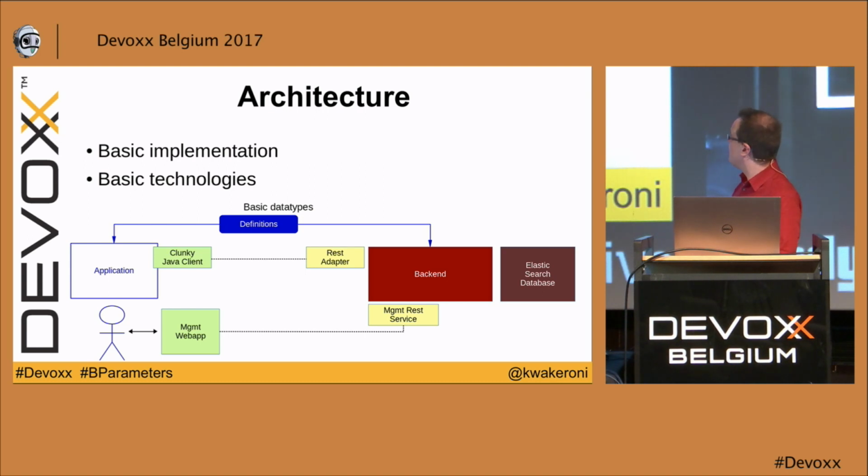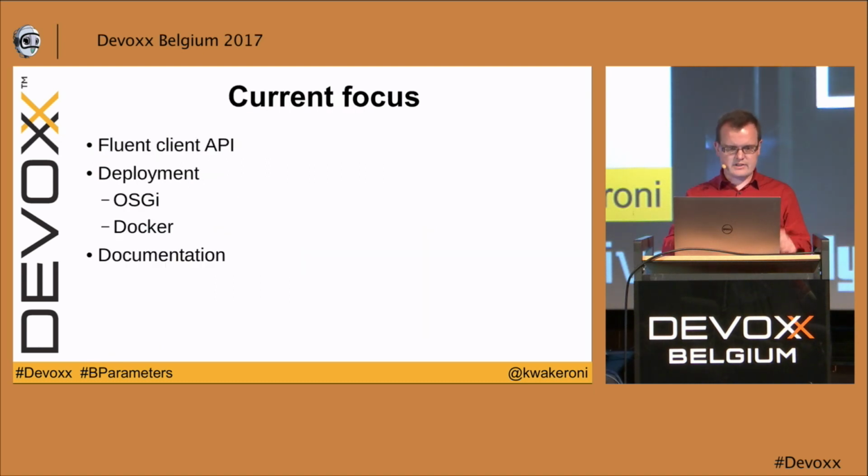In our backend, we are currently using an Elasticsearch database, and the communication between the application and the web application is in REST. Oh yeah, and to use it in Java, the current API is very clunky, so we want to replace that with this fluent API in the end. So that is our current focus. So to have this fluent API.